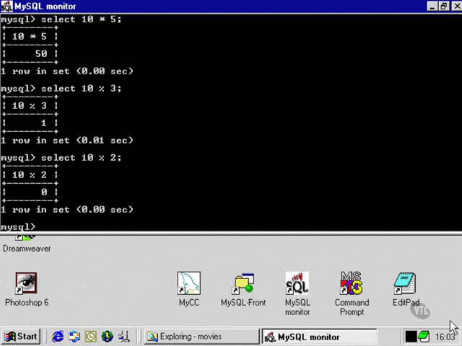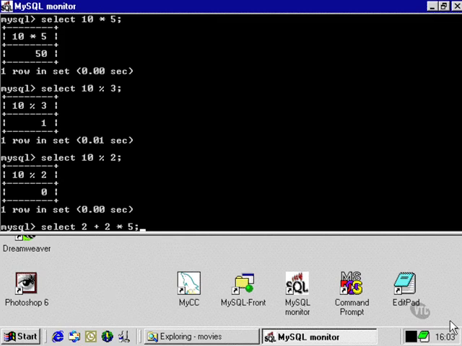So, apart from the modulo operator, which you may not have come across before, all the others work pretty much as you might expect. Confusion can arise when we're trying something such as this: 2 plus 2 times 5. There is a little ambiguity here.